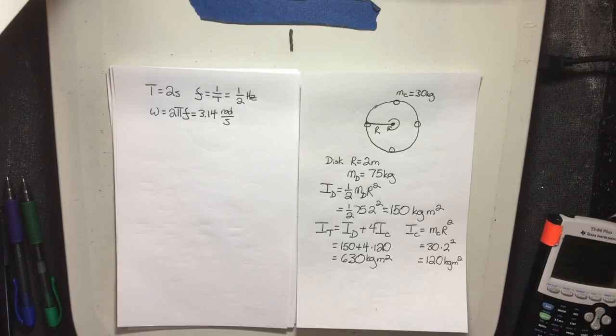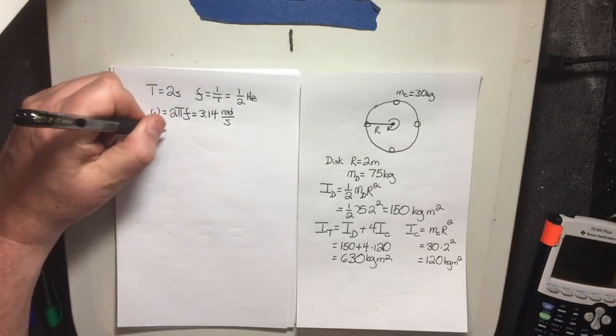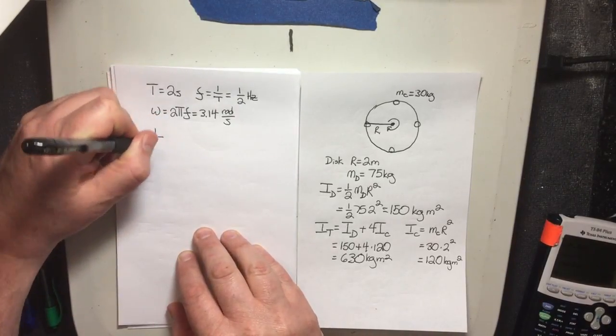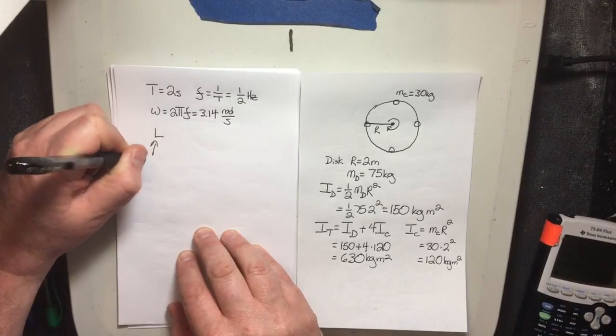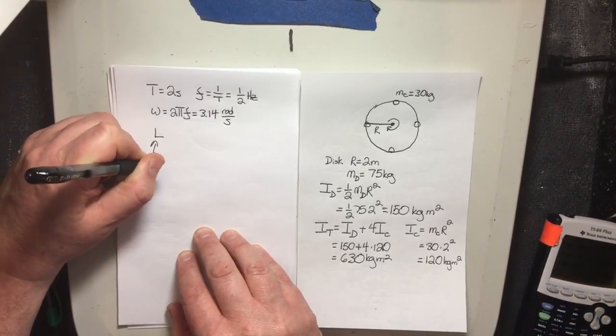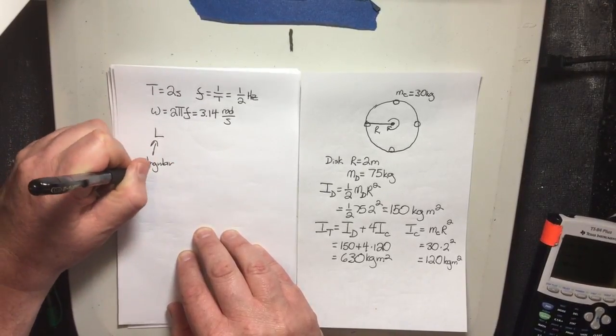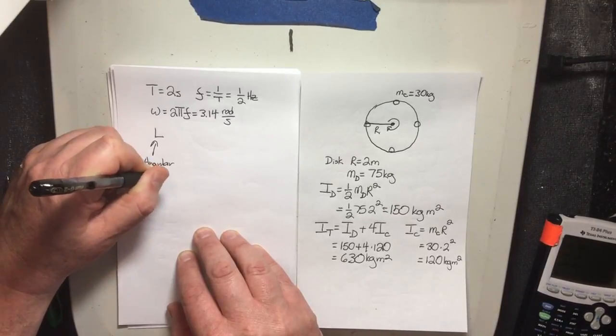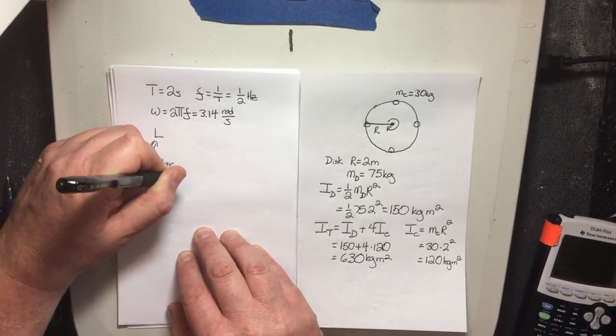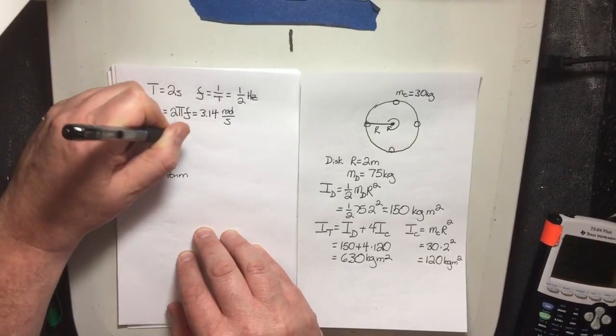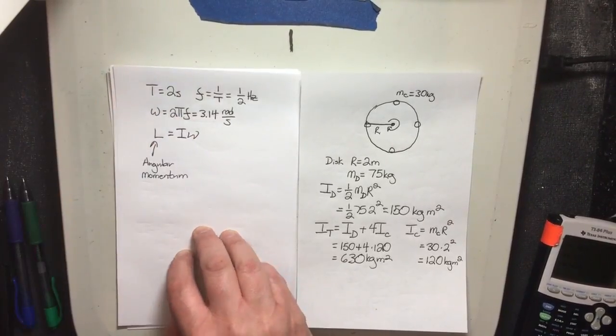And now we need to start talking about something else. In the last week's or Tuesday's lecture, we talked about linear momentum, P, or mv. In the rotational world, we have angular momentum, and it is equal to I omega.